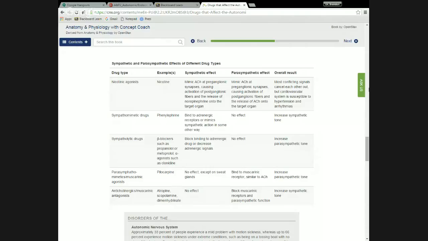Ones that we do have to actively dilate will get parasympathetic input, but your average blood vessel is usually slightly constricted normally. That's what's called sympathetic tone. And so we can just make it constrict a little bit more when we want to, and then stop that constriction, and it goes back to its resting diameter.